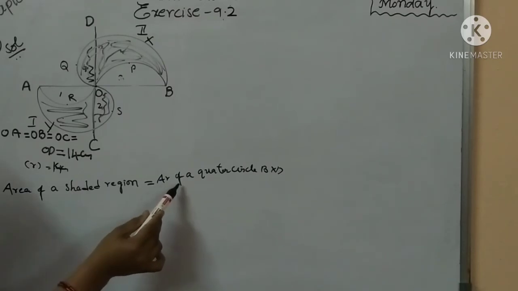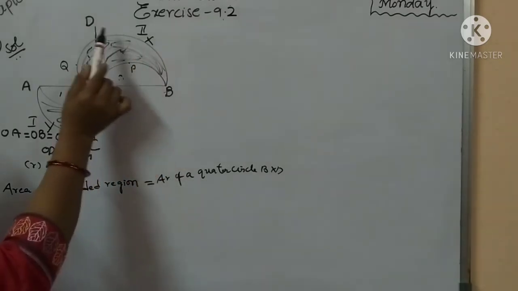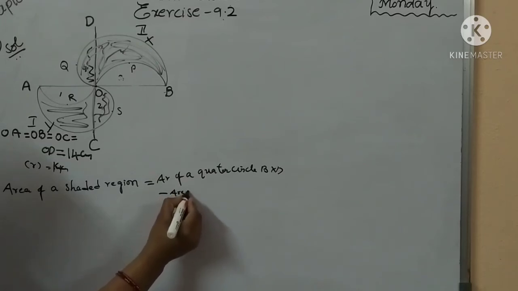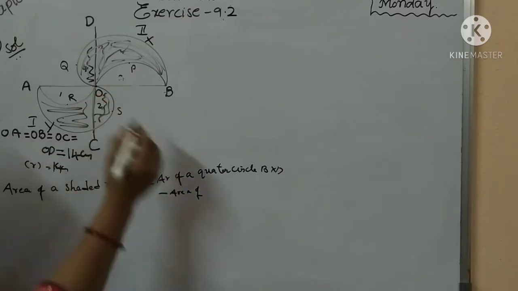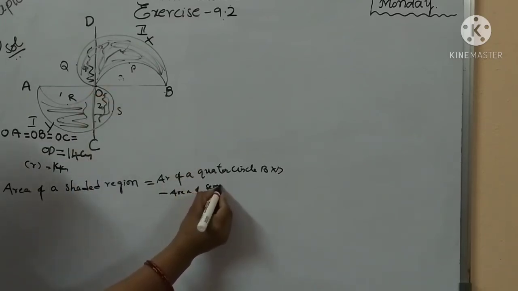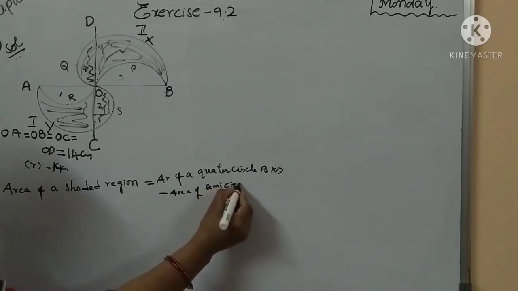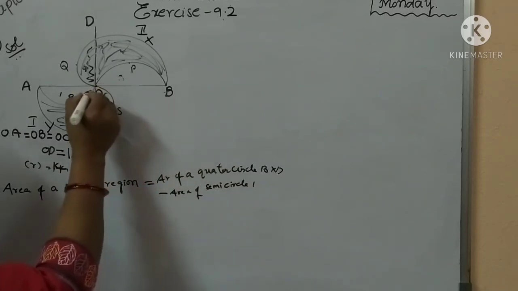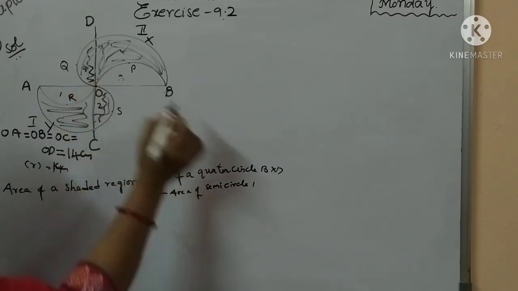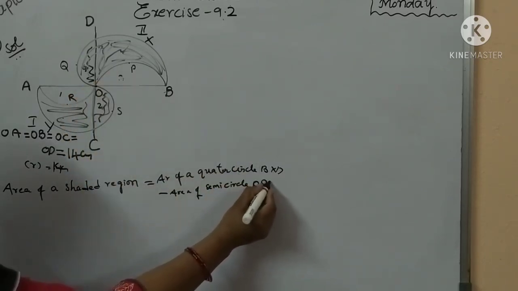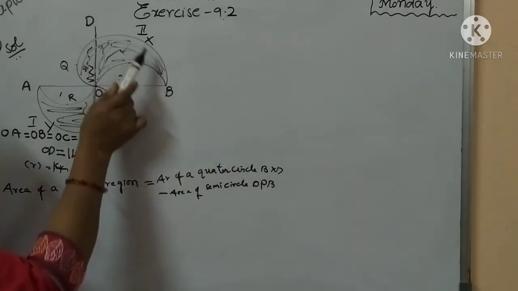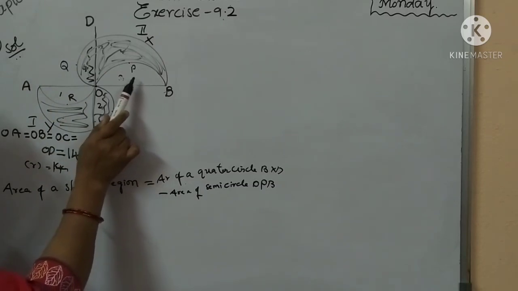So area of quarter BXD minus area of semicircle OPB. Observe that area of quarter BXD minus, it is the unshaded part.